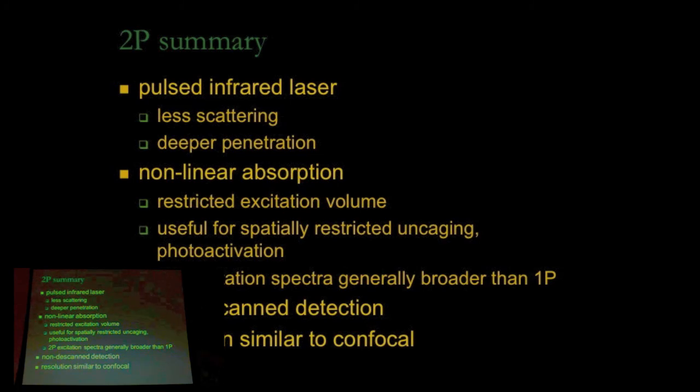So one laser can be used for imaging, and the second laser with the second set of mirrors can be used to uncage or photoactivate compounds. You can work at a different wavelength. You could release caged glutamate at a very focal volume in your sample. So you could release it right at one specific dendritic spine and not at its neighbor and look at the responses.